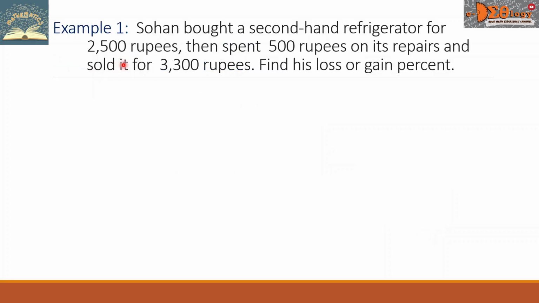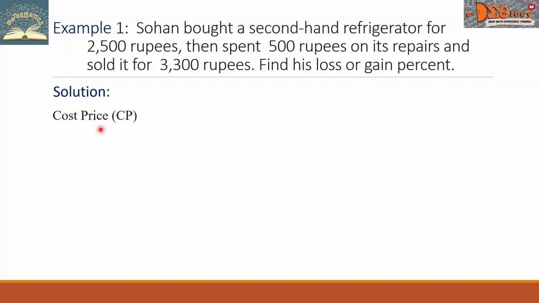Example 1. Sohan bought a second-hand refrigerator for 2,500 rupees, then spent 500 rupees on its repairs and sold it for 3,300 rupees. Find his loss or gain percent.